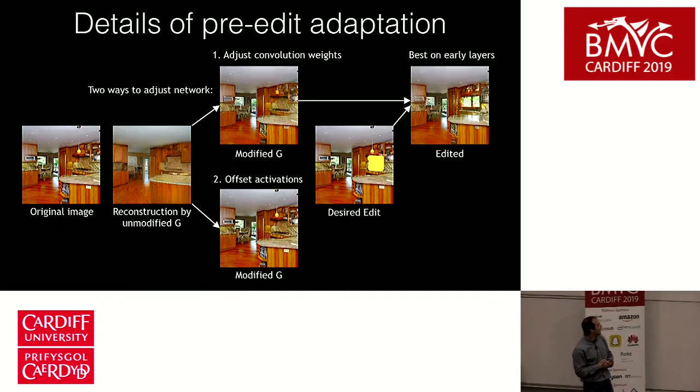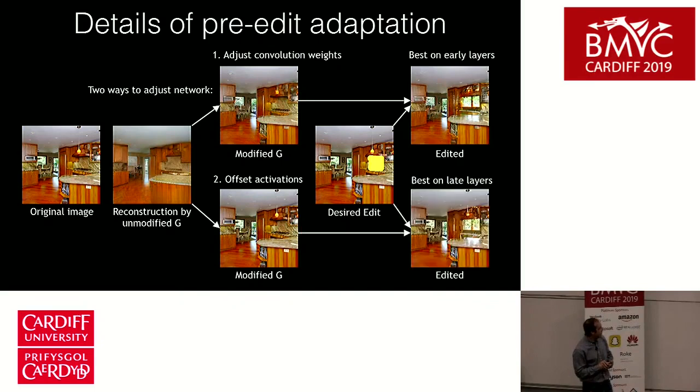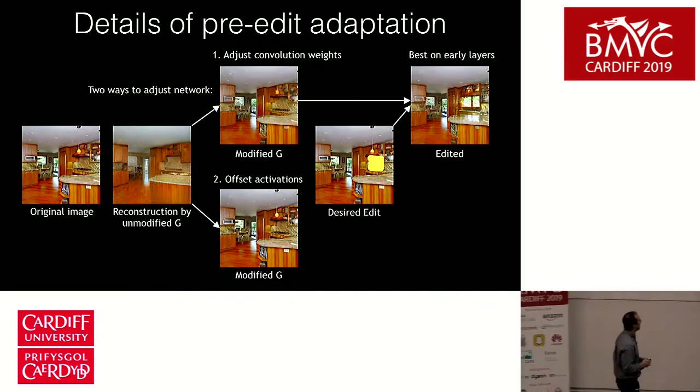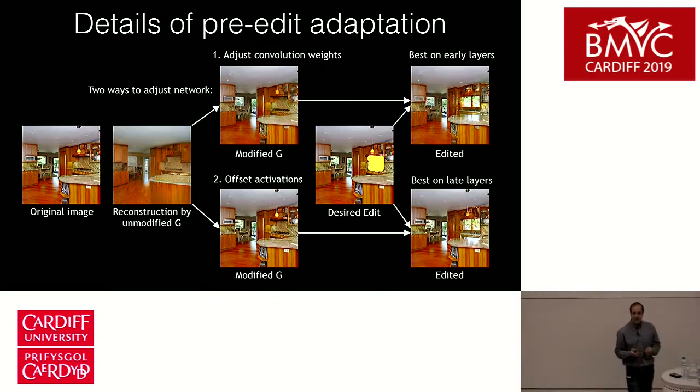And what we found is that if you modify the coefficients of the convolutions, it's much better if you do it in the early layers, just after the editing. And if you change the activations, it's better if you do it very close to the image.